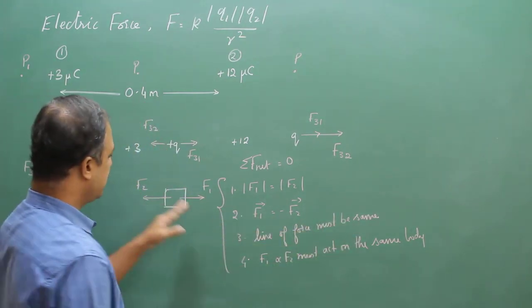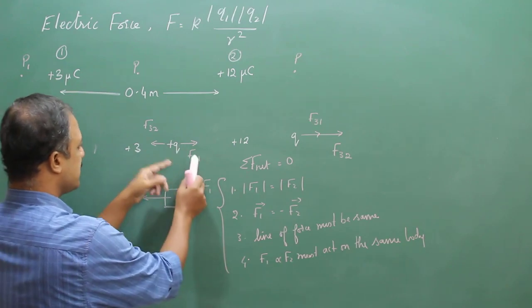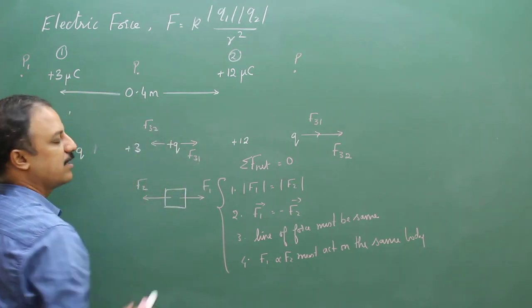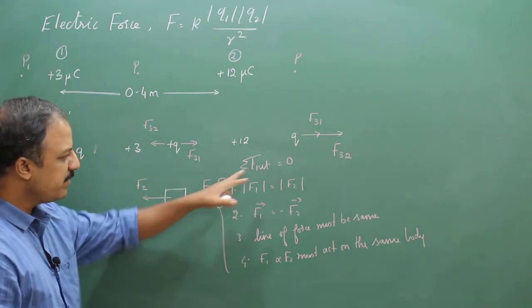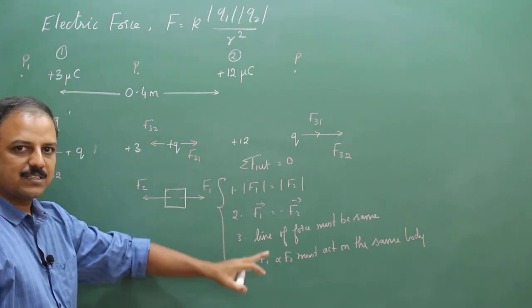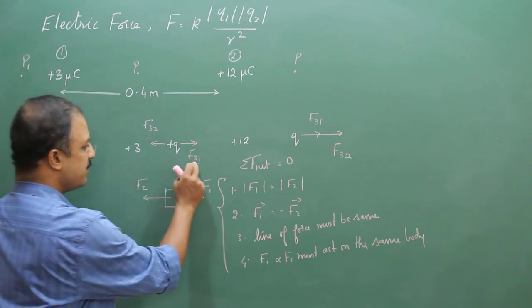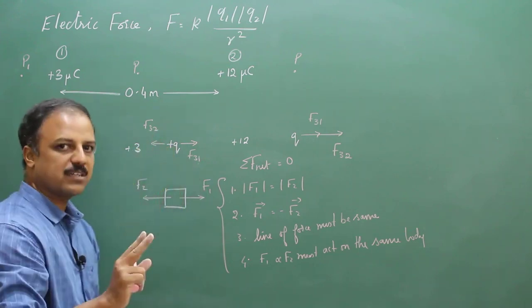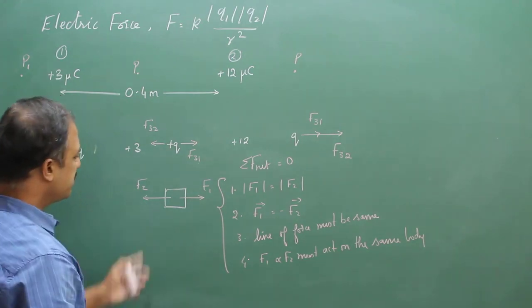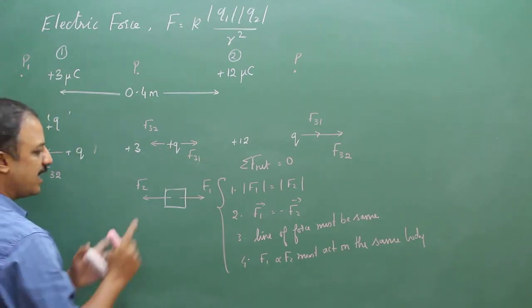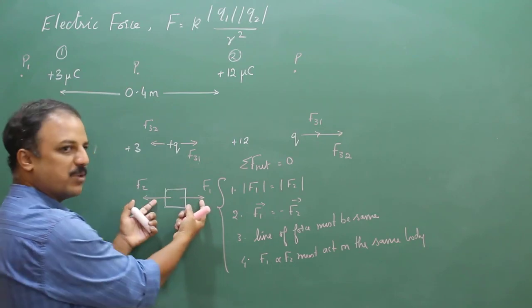And the fourth condition here, both F1 and F2, that is F31 and F32, are acting on plus Q in opposite direction. And remember, when we talk about net force zero, clearly this F31 and F32 are not action and reaction pairs. Please do remember that, because an action and reaction pair cannot act on the same body.